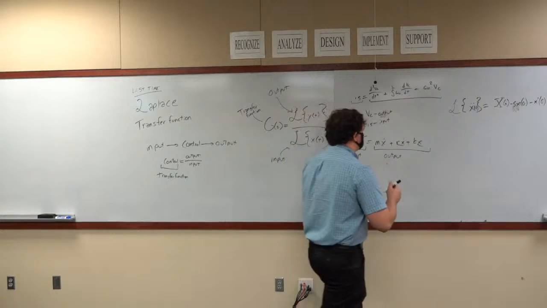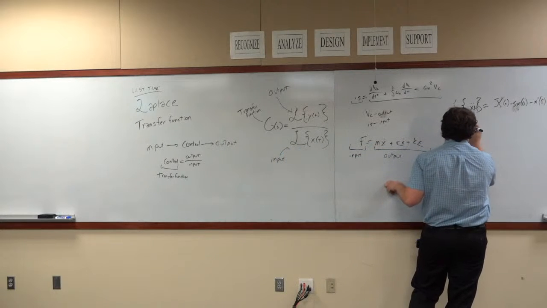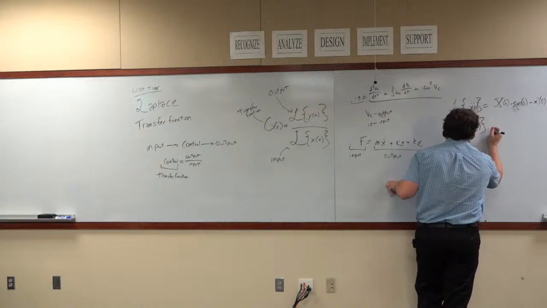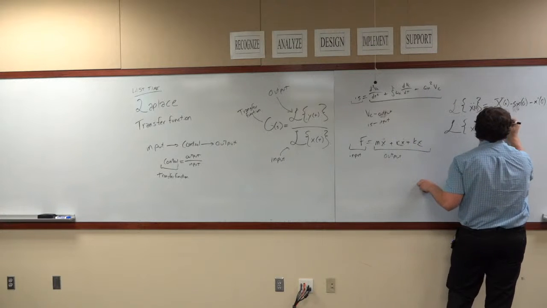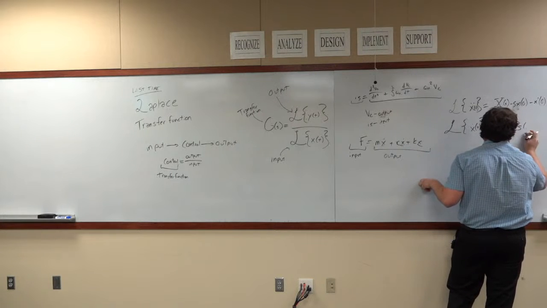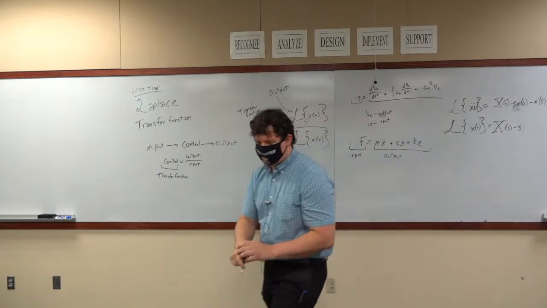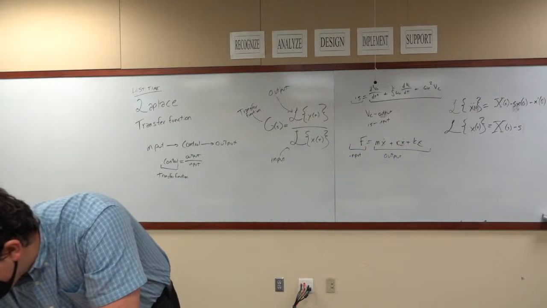Okay, so this is one Laplace term. We've got another one, which is x prime of t is equal to X of s minus s. Make sure that I'm doing this right. I don't have all these memorized.